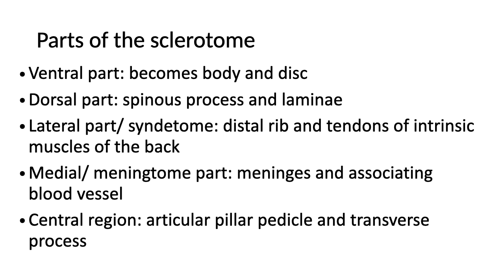Then the dorsal part of the sclerotome forms the spinous process and the lamina. Then the lateral part, or syndetome, forms the distal ribs and tendons of the intrinsic muscles of the back. Then the medial part, or meningeotome, forms the meninges and the associated blood vessels of the spinal cord. Then the central part forms the articular pillar, the pedicles and the transverse processes.